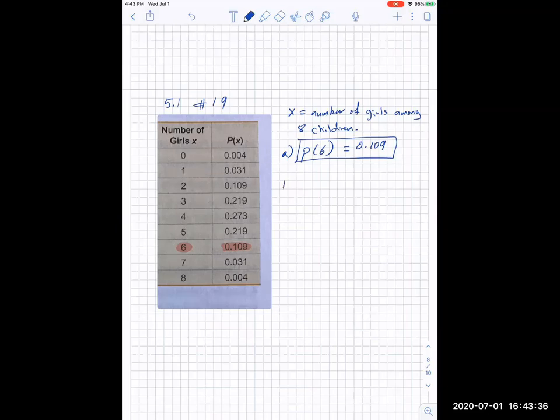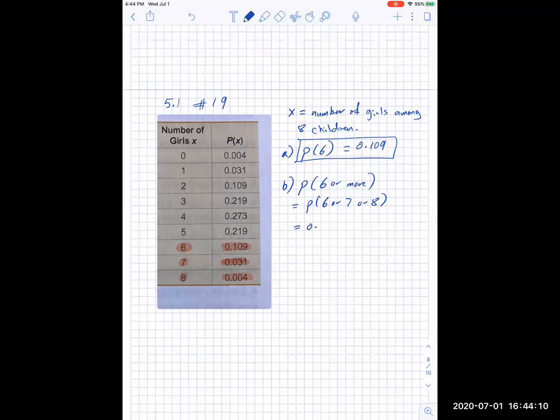Second part, what is the probability of 6 or more girls, meaning 6 or 7 or 8? So in this case, you're going to add these 3 values, the 6 girls, 7 girls, and 8 girls.